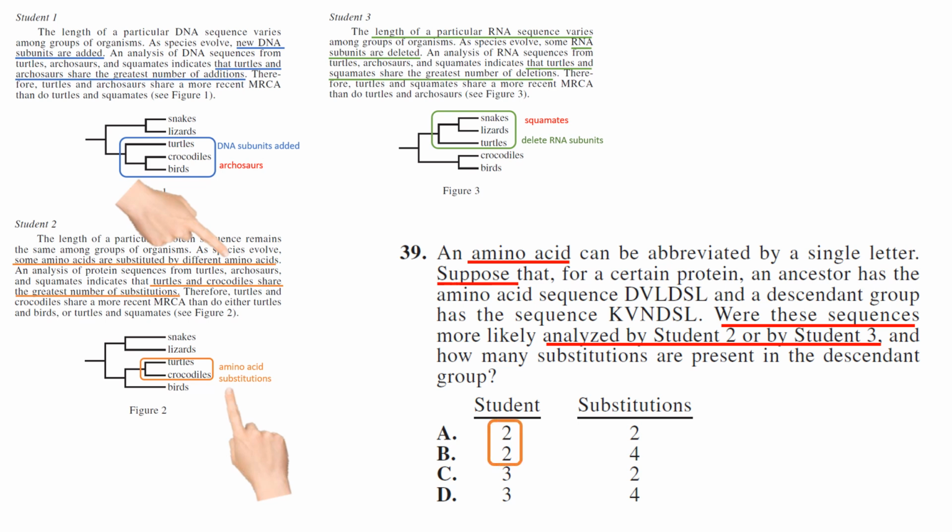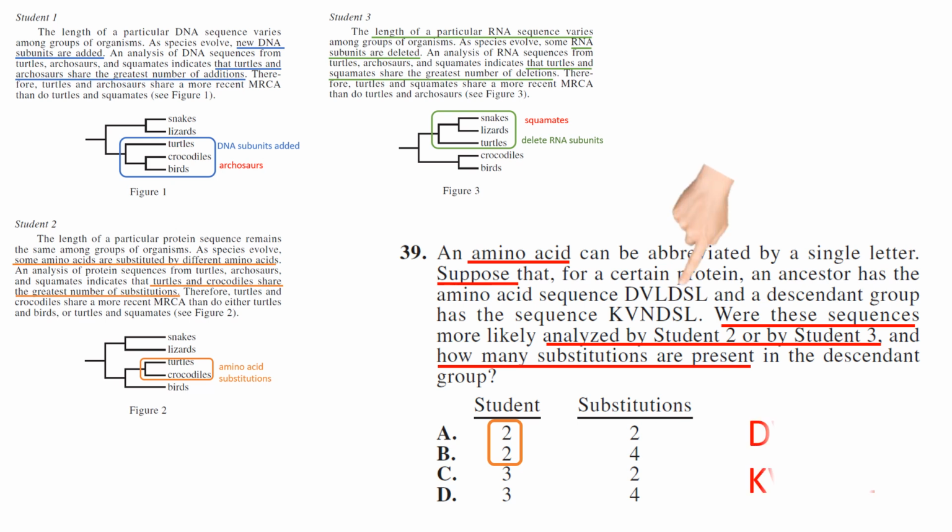So we're going to say student 2. So now we got a 50-50 chance. And how many substitutions were there? This one's a little bit trickier, because I think your first inclination is going to be, well, just count the nodes maybe. It's actually simpler than that. We're just taking the sequence that's listed and seeing where they change. So we see D changes to K and L changes to N. So there were 2 substitutions. So your answer has to be A.